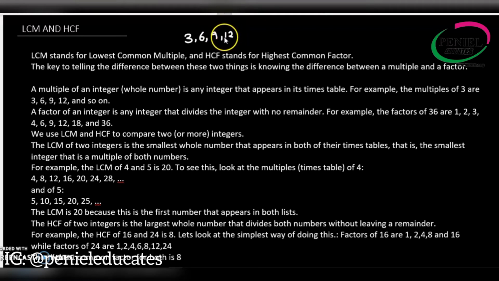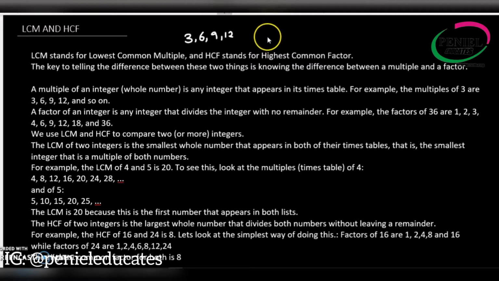Now, if we're asked to find the factors of a number, say 36: a factor of an integer is any integer that divides the integer with no remainder. So a factor of any whole number is a number that divides that particular number without any remainder.